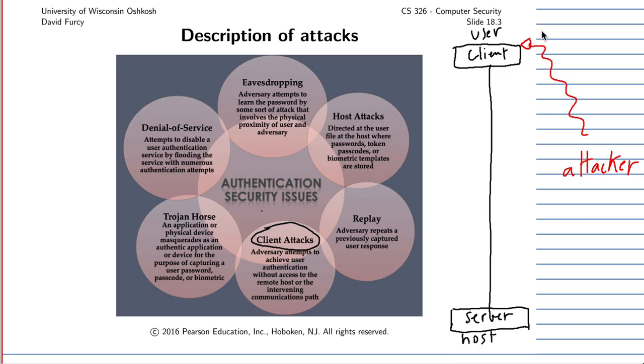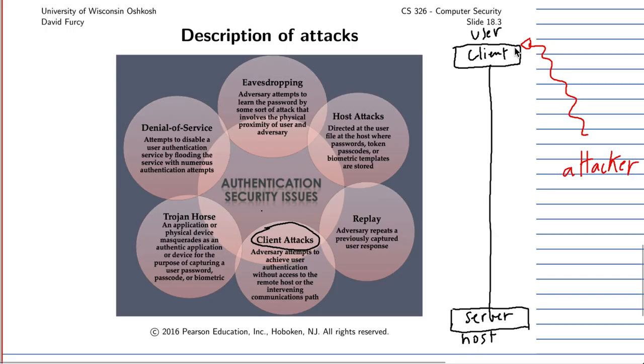So typical examples of client attacks include the attacker stealing the password of the user, for example, through a social engineering attack, or maybe the attacker stealing the physical token of a user.